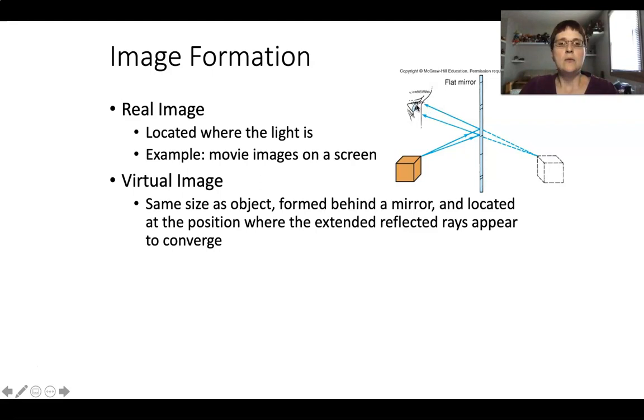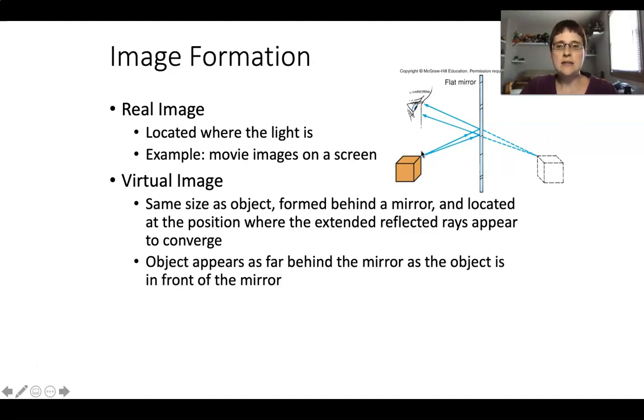But what will appear to happen is that that box will appear to be behind the mirror, and this is the extended ray part, the same distance behind the mirror that box is sitting in front of the mirror.